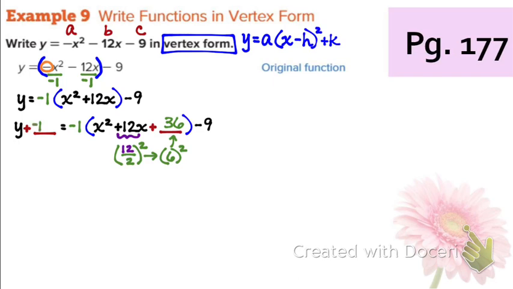So -1 times 36. My -1 came from here. My 36 came from here. All right. What is -1 times 36? -36.